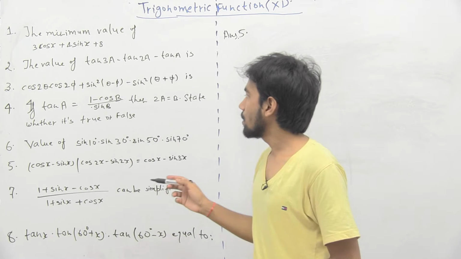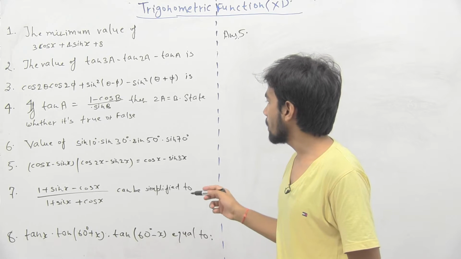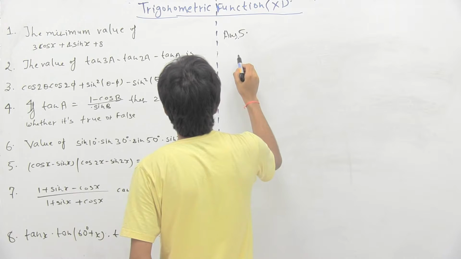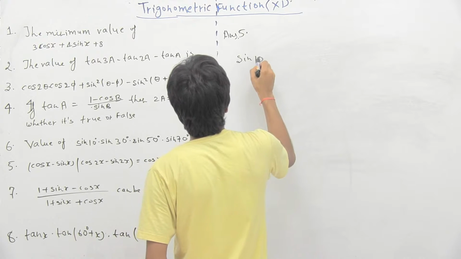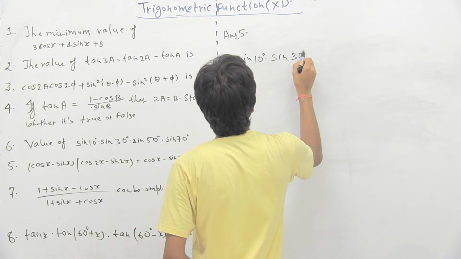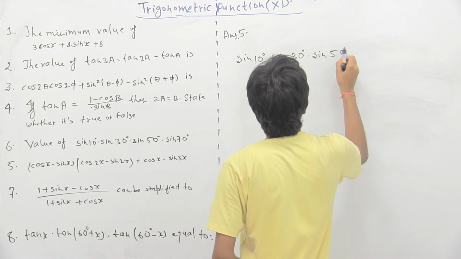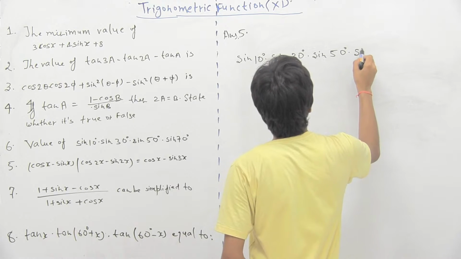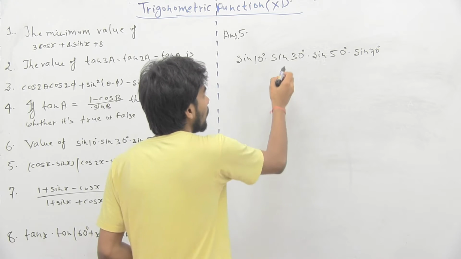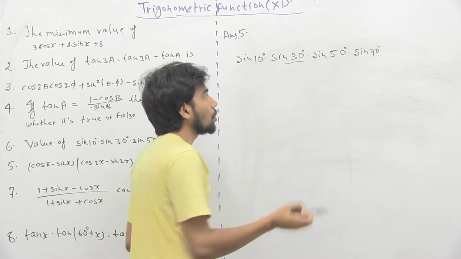Now question number 5, value of sine 10 degree, sine 30 degree, sine 50 degree into sine 70 degree. We have to find the value. Since we know the value of sine 30 degree equal to 1 by 2, so we do not need to bother about this term.